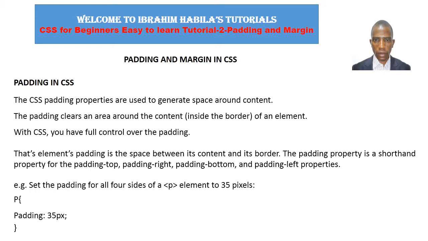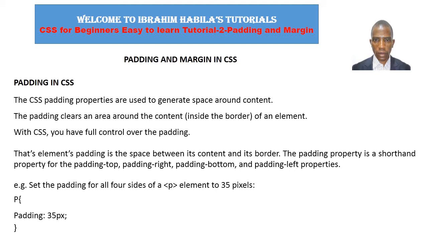E.g., you can set your padding at padding-top, padding-right, padding-bottom, and padding-left. So in this example, I want to set the padding for all four sides of a paragraph element to 35 pixels.